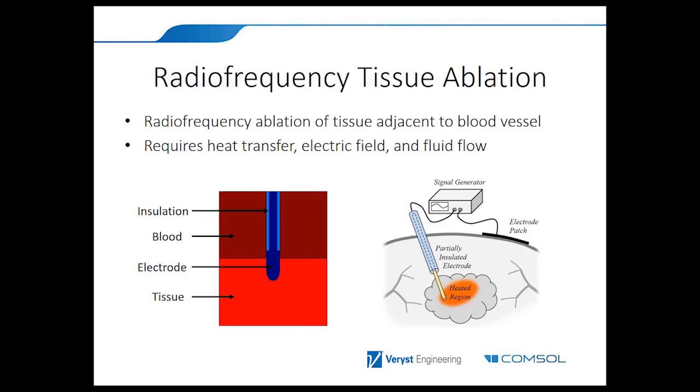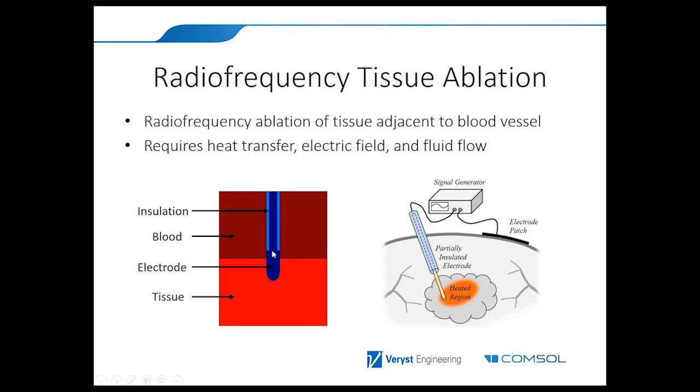Okay, so that's now the last example, the RF tissue ablation. The example I selected, I wanted to make different from the one in the COMSOL gallery that you can download. Here it involves ablation of tissue that is adjacent to a blood vessel, if it's heart tissue, for example. So you need the CFD or flow analysis together with electrostatics and the heat transfer.